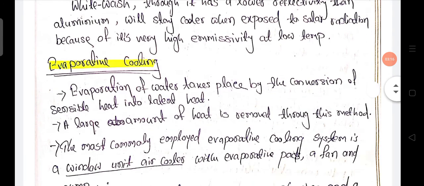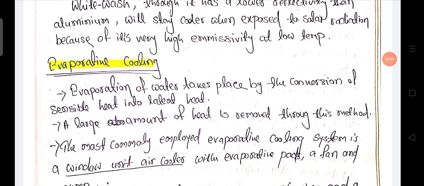Another way of cooling is evaporative cooling. Evaporation of water takes place by the conversion of sensible heat into latent heat. What do we mean by evaporation?